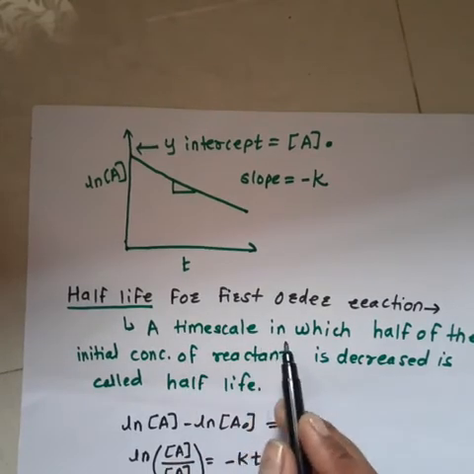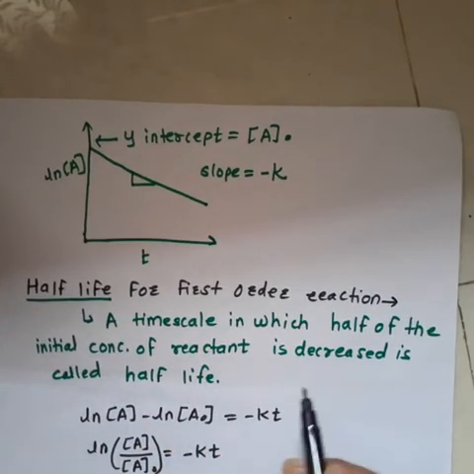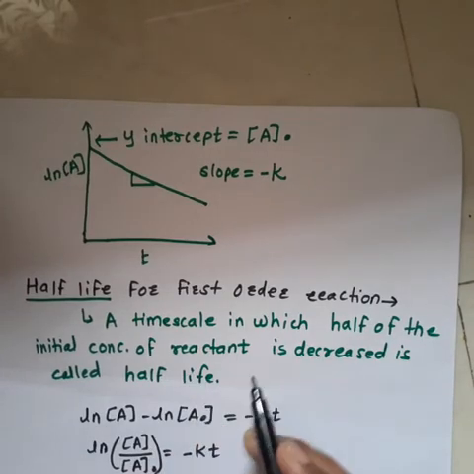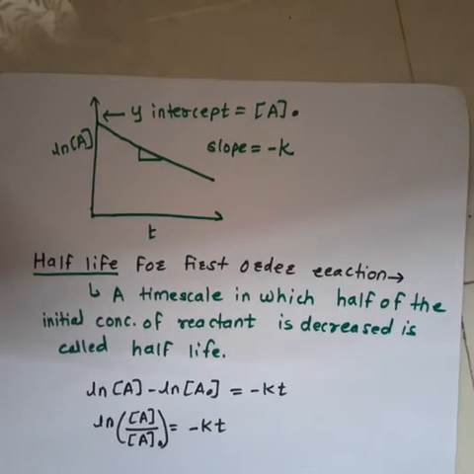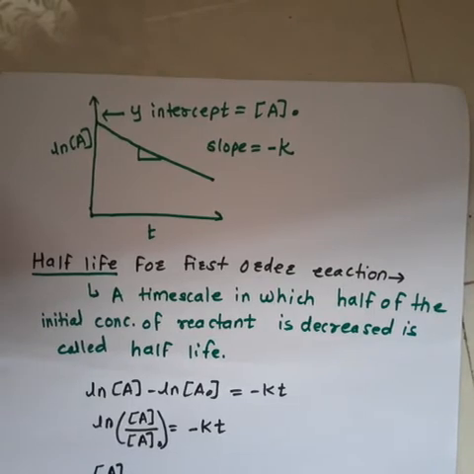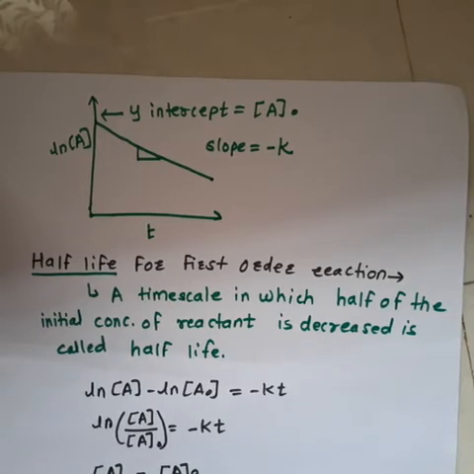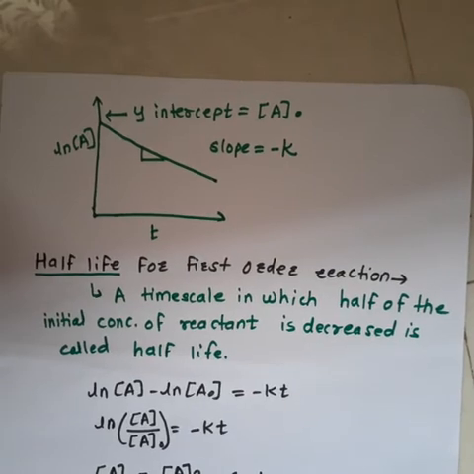So at the half life, concentration of A becomes half, means half of the reactant has reacted. So A is equal to A0 by 2, means half of the initial concentration A0 is decreased. So A changes to A0 by 2, and time changes to t is equal to t1/2.